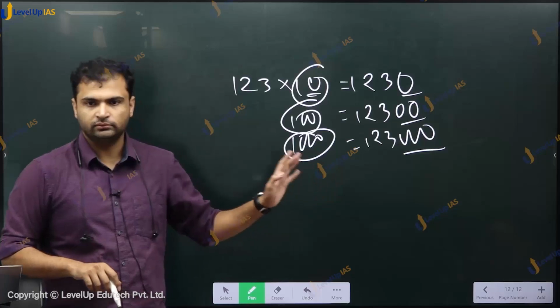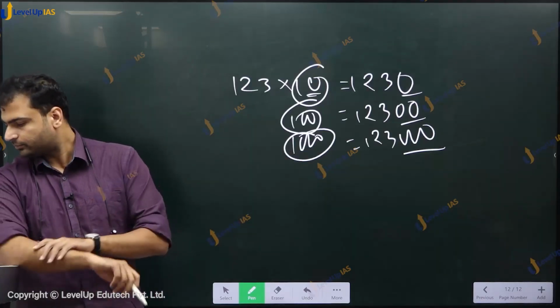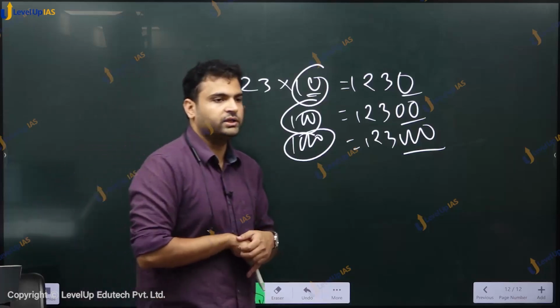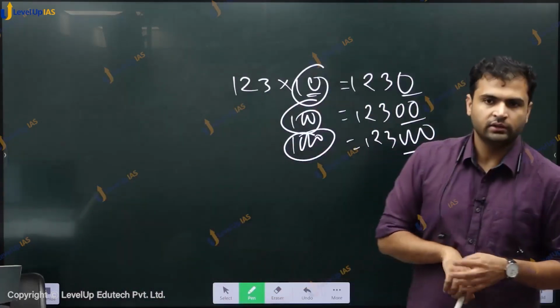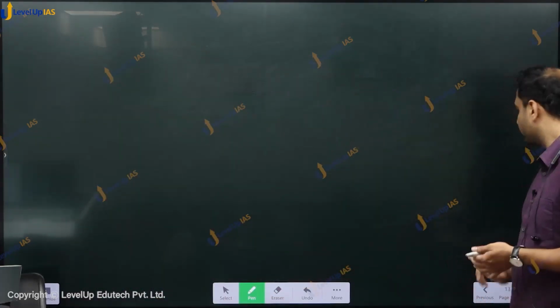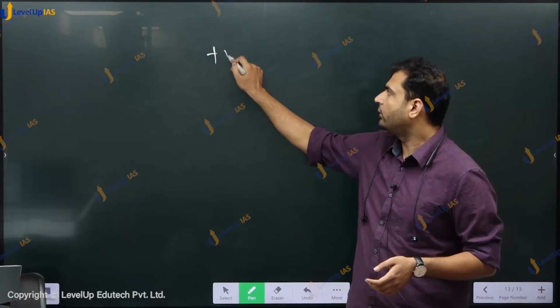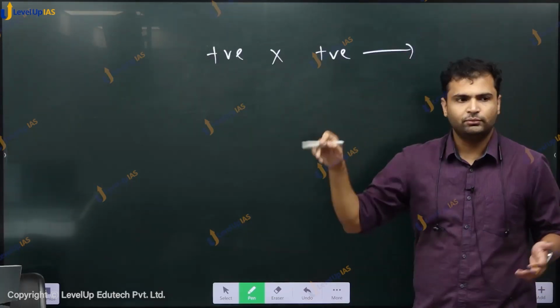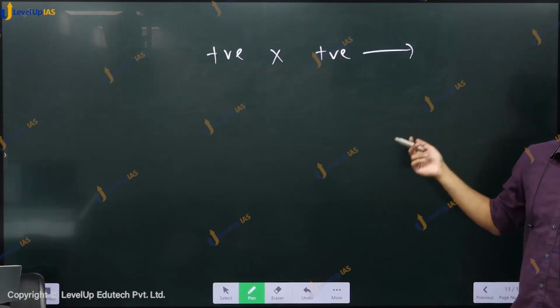कोई इशू नहीं? पक्का? Then rules for multiplication of positive and negative numbers. I hope you remember them. If we have positive number and you multiply it with positive number, what will we get? Positive number. यहाँ पे तो कोई क्वेश्चन है ही नहीं.